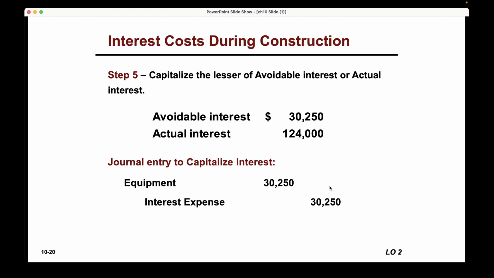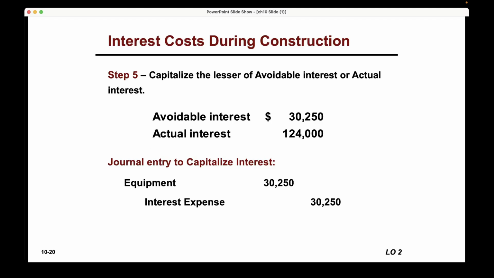Okay, and to record this in the company's books, we make the following entry. We debit the equipment account for 30,250. Of course, it will increase the value of the asset being constructed. And on the credit side, we put interest expense for the same amount, 30,250, and it will reduce the interest expense for the period by the amount capitalized.